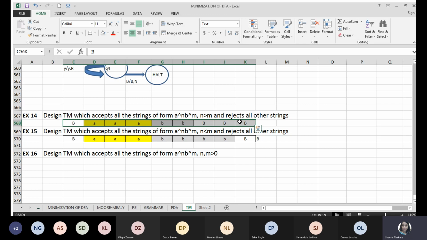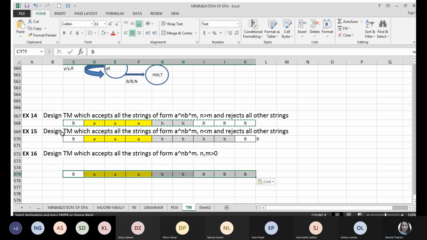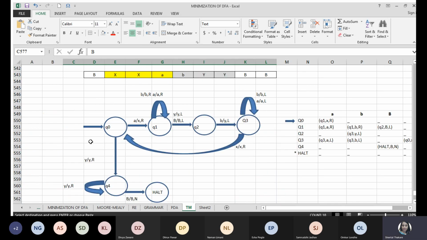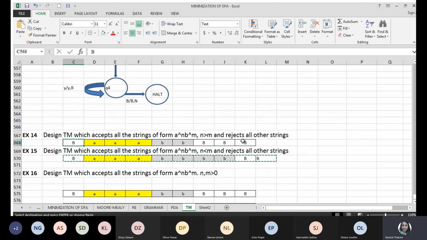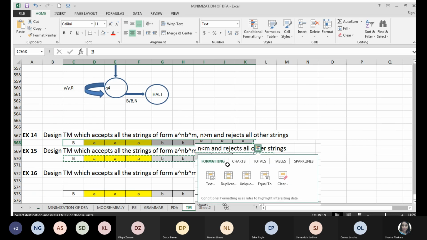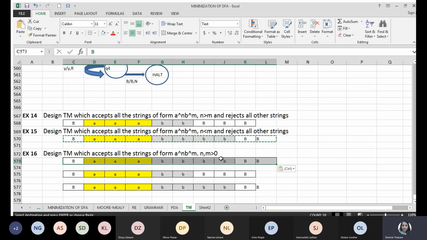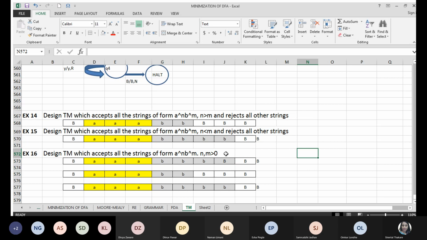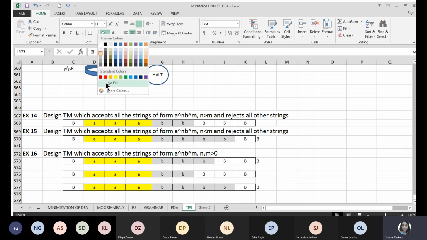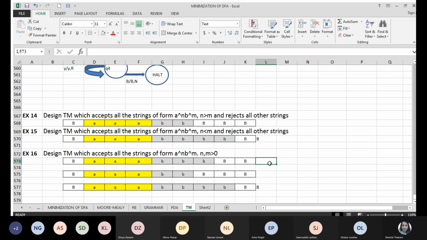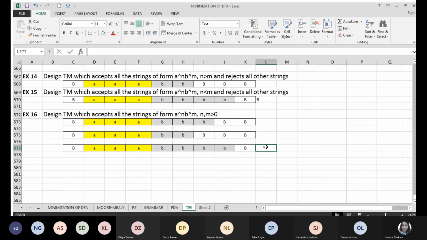And this will be. Both cases are included here.